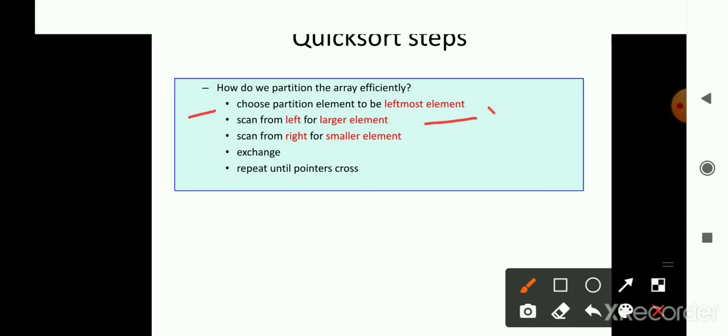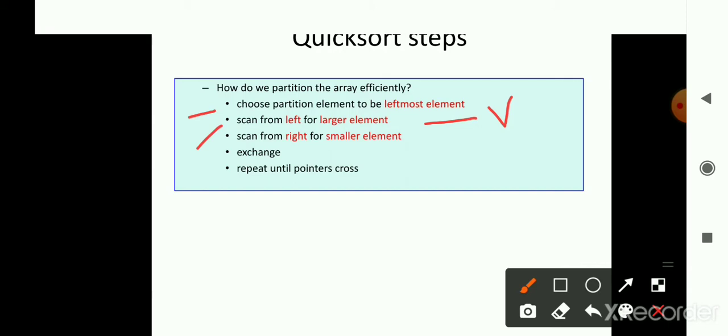This is nothing but your pivot value. You can choose any position for the pivot element. Generally the left element or the top right element is used as a pivot element. Here we are choosing the leftmost element as the pivot. Then we are going to scan from the left.